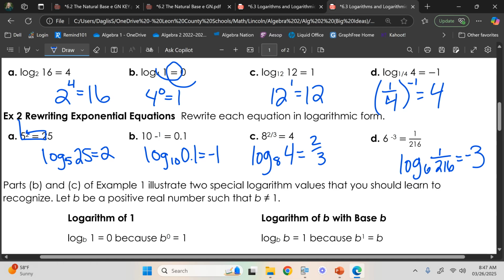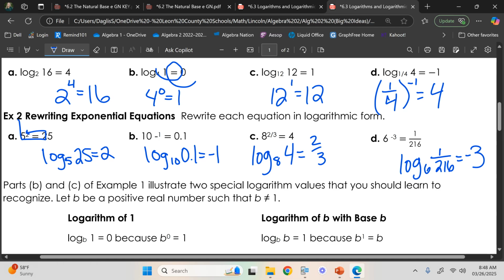So right here was log base 4 of 1. Well, if I have a log of 1, that means your exponent had to be 0, no matter what the base is. Log base 35 of 1 has to be 0, because you can only raise it to an exponent of 0 to make it equal to 1.